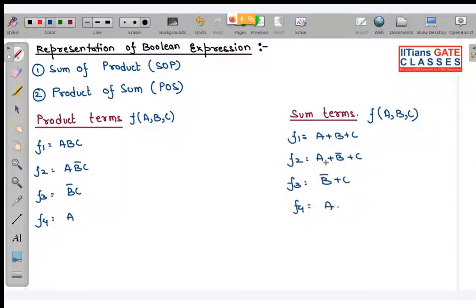Tell me if this is clear or not. These are known as product terms. These are known as sum terms. Now I am going to show you what is sum of product and product of sum. So first term is what?